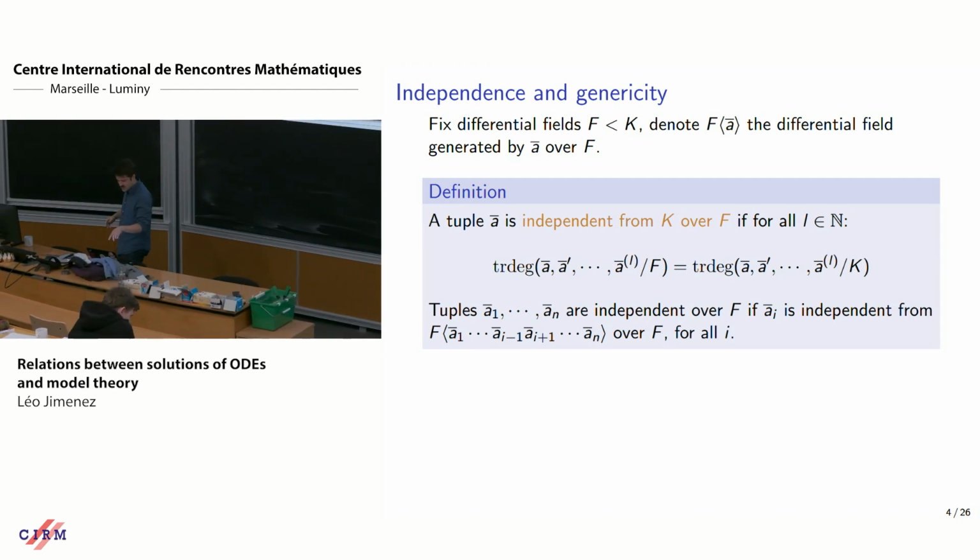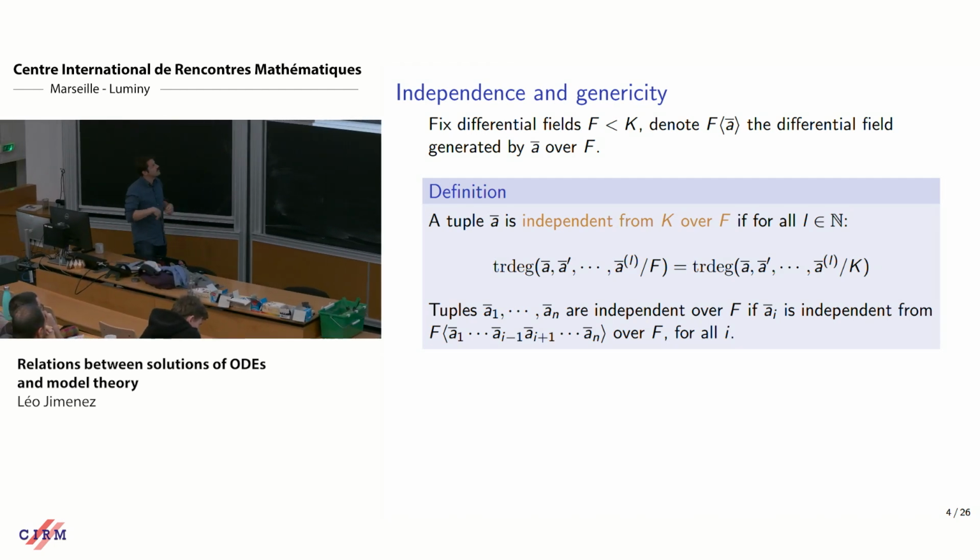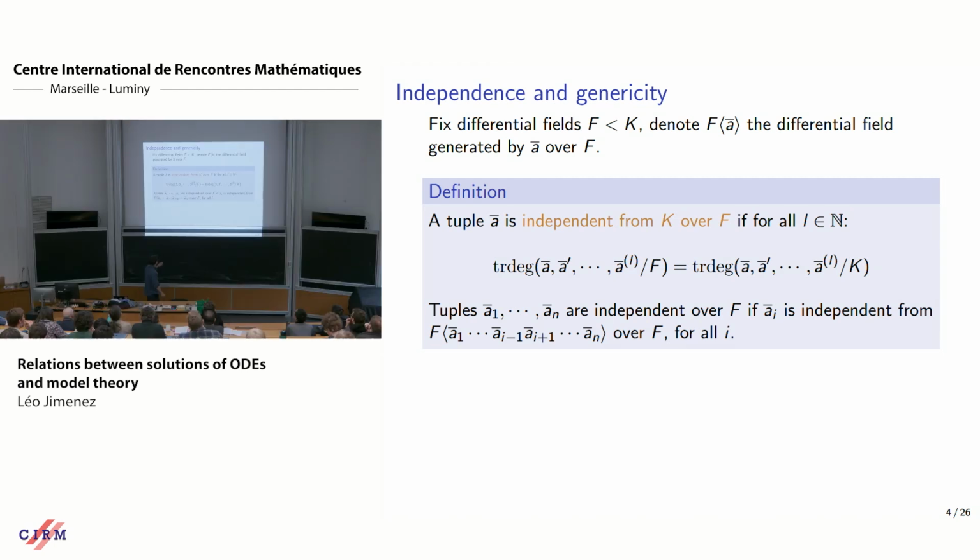Just a bit of notation: F bracket A is the differential field generated by A over F. If I have a tuple A, I say it's independent from K over F if, when I take the successive derivatives of A, their transcendence degree over F and their transcendence degree over K doesn't change. This is what I mean by no differential algebraic relation: no non-trivial relation appears when I move to K. Nothing new happens.